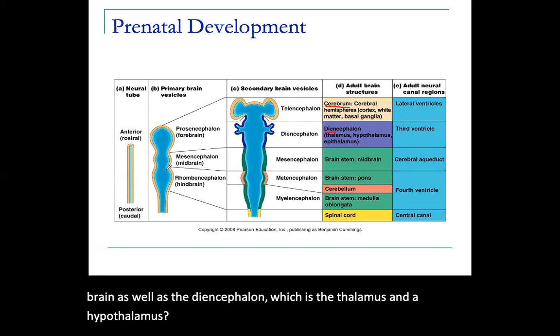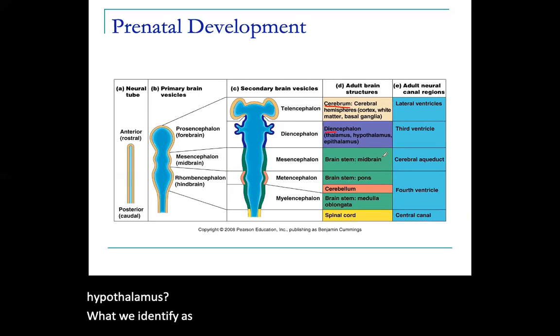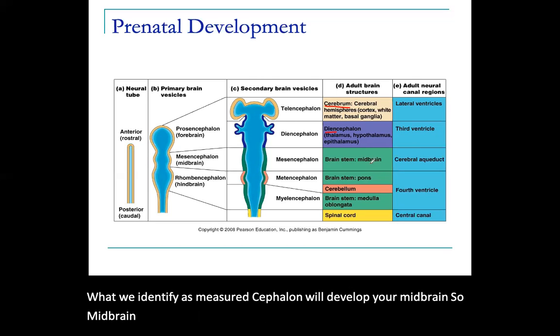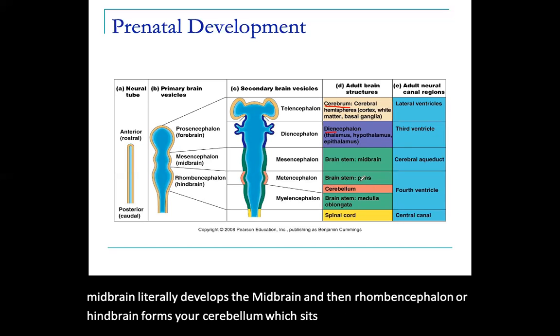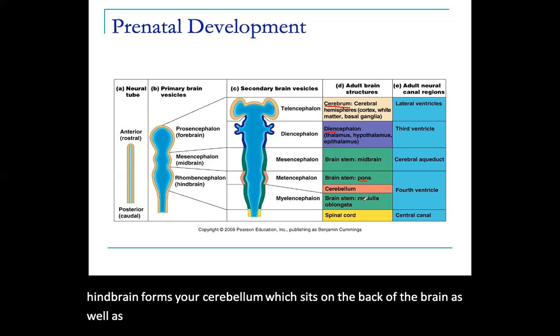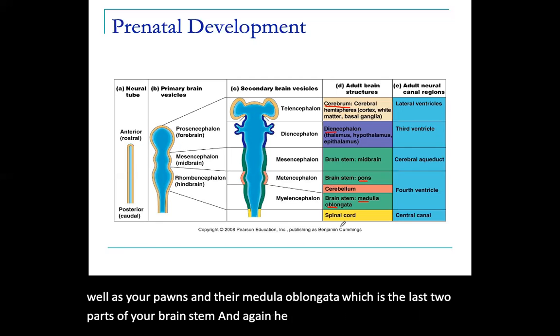What we identify as mesencephalon will develop your midbrain. So midbrain literally develops the midbrain. And then rhombencephalon or hindbrain forms your cerebellum, which sits on the back of the brain, as well as your pons and the medulla oblongata, which is the last two parts of your brain stem. And again, it continues to become your spinal cord.